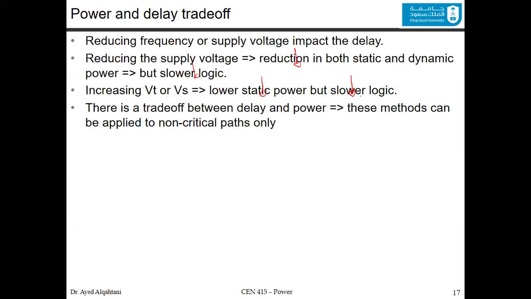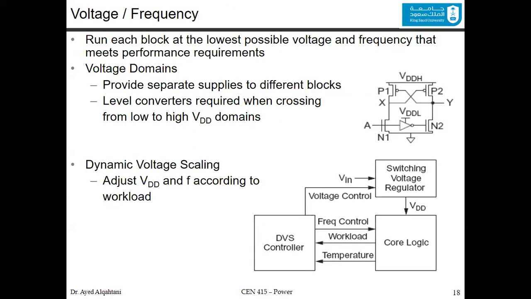There is another way to do the same thing, which is done on the voltage and frequency. They call it dynamic voltage scaling, or DVS, and there is also dynamic voltage and frequency scaling, DVFS, and you can see this in many research papers.